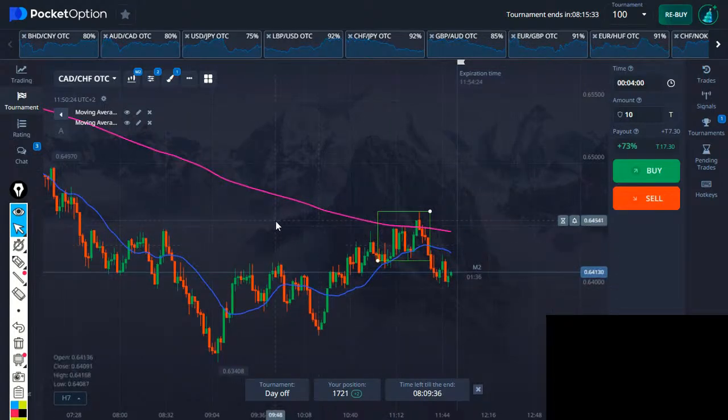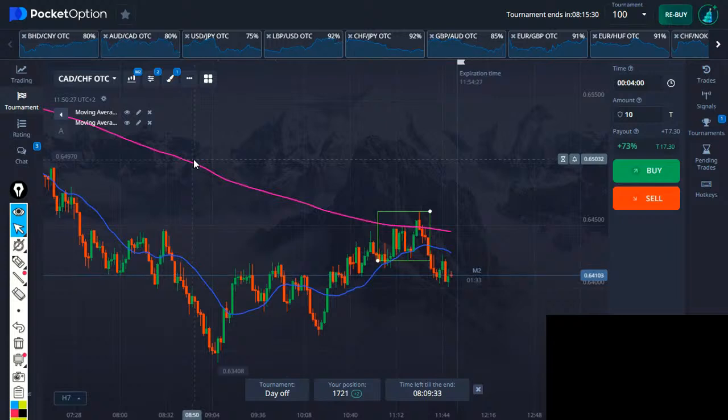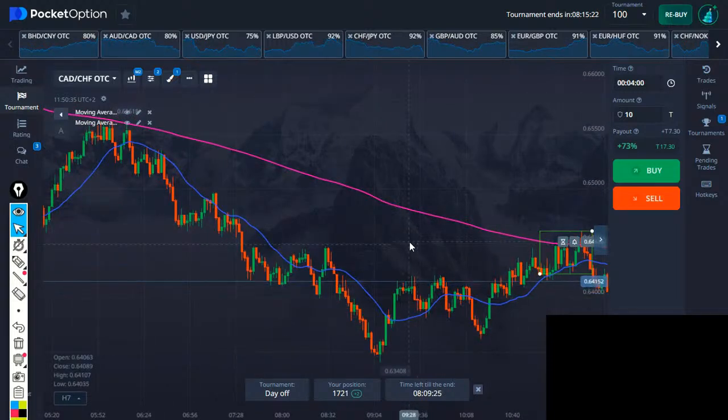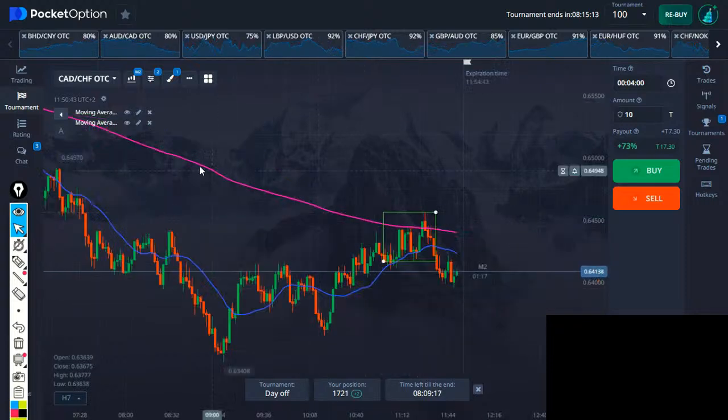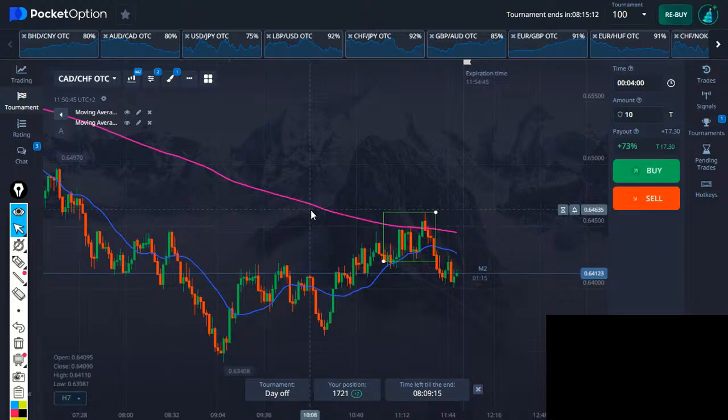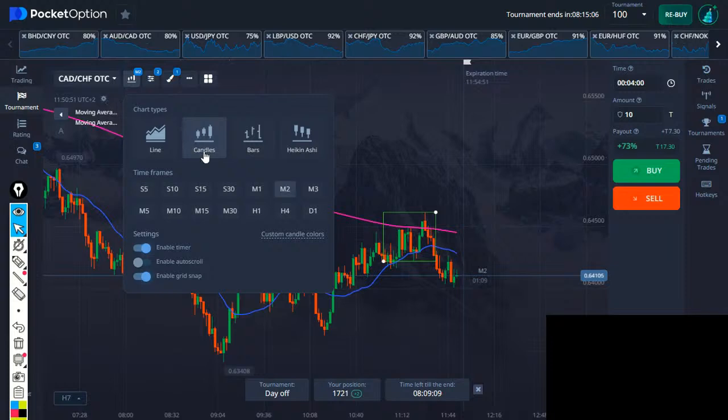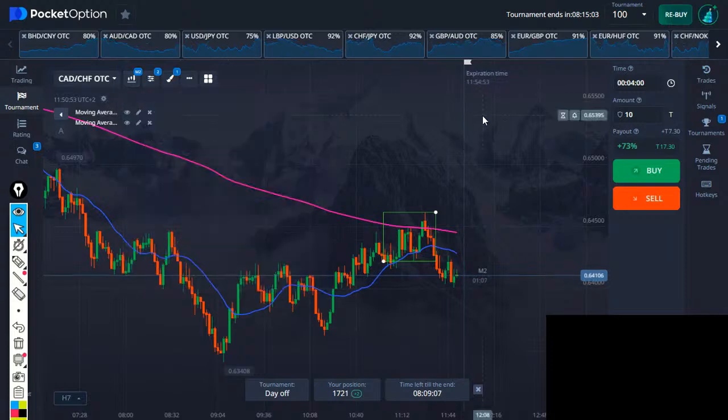Let me explain quickly how the moving average works. Whenever you see a moving average, what it's doing is smoothing out the price fluctuation that you see on the chart. So the 200 period line shows you the past 200 2-minute candles, smoothed out price data since we are using the 2 minutes.